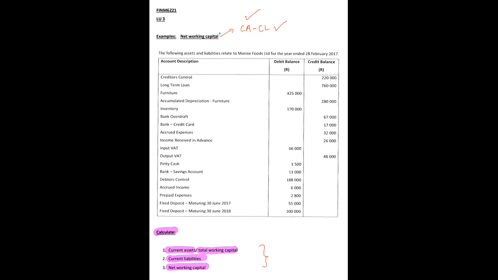So let's go ahead and get started with the first part of it, which is your current assets. Here your current assets are going to be, and I'll highlight them in purple, the first item, which is your inventory. This is a current asset. Then you have your input VAT, your petty cash, your bank savings account, your debtors control, your accrued income, your prepaid expenses, and the fixed deposit that's maturing on the 30th of June 2017.